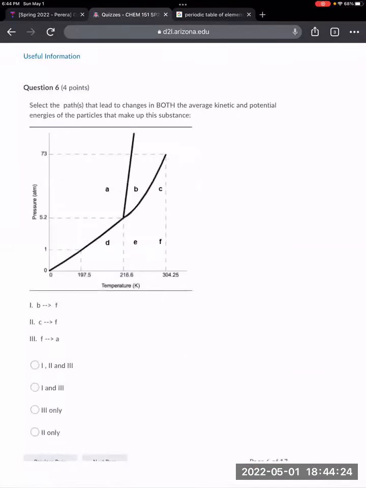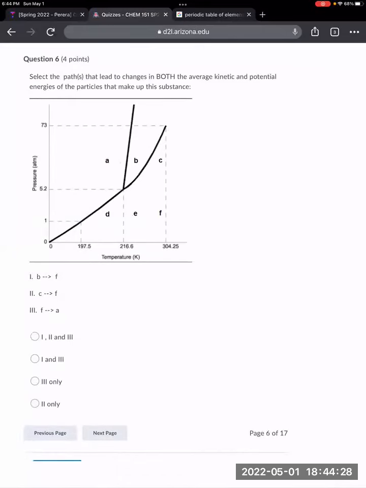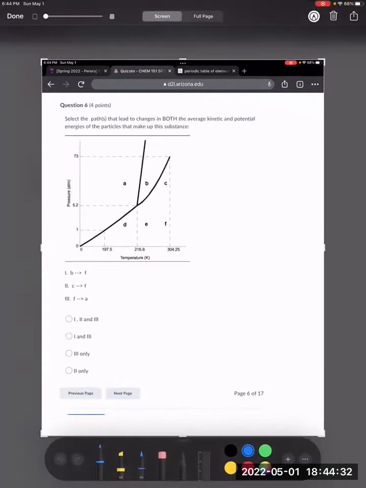And moving on, question 6. All right, you are given a phase diagram. Select the paths that lead to changes in both average kinetic energy and potential energy. So let's see, we have B to F. Here's B to F. You're going from lower temperature to higher temperature, therefore the kinetic energy increases.